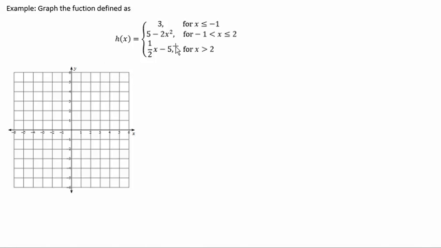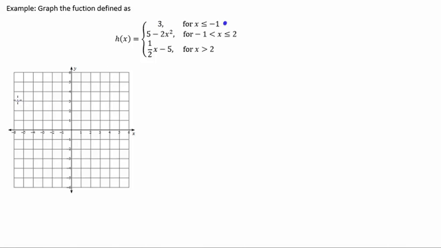Here is a piecewise defined function that we want to graph, and it's a little bit more complicated than just an easy sort of example. We've got three different things we're trying to graph, and so our first graph right here, when x is less than or equal to -1, our graph is 3.